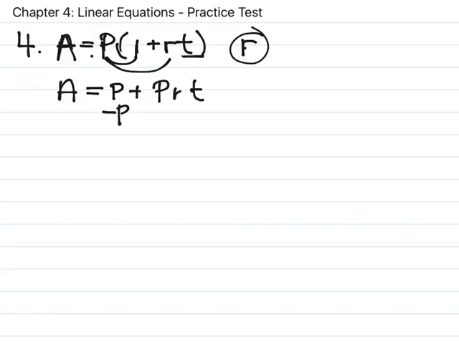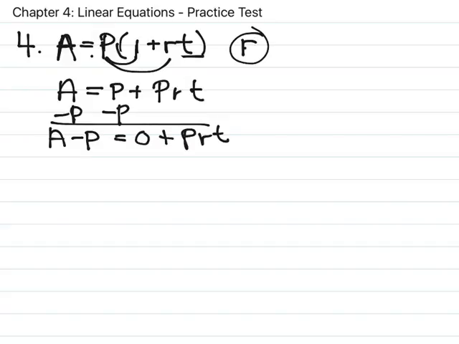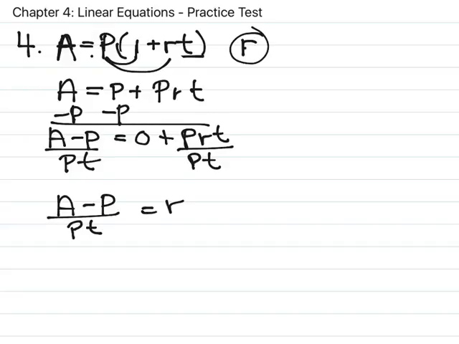So we'd subtract P from both sides. A minus P is going to be equal to 0 plus PRT. And then we divide both sides by PT. So this gives the same answer, equal to R. So it's still the same thing.